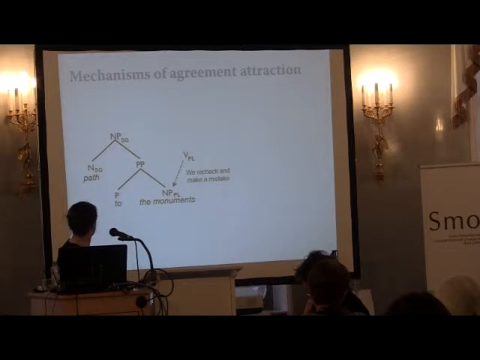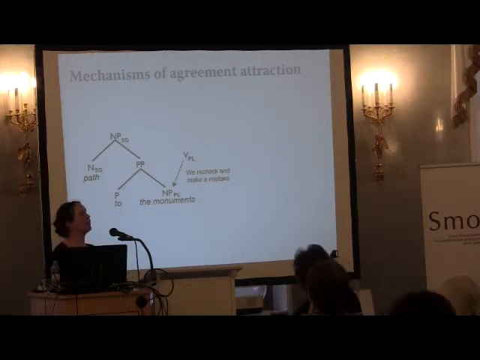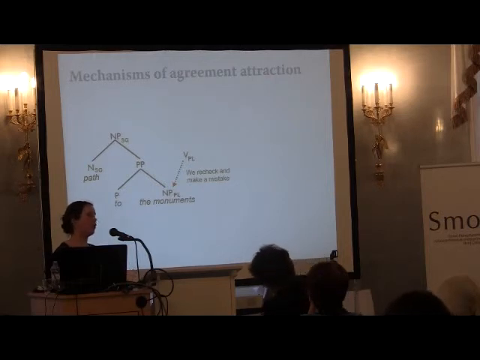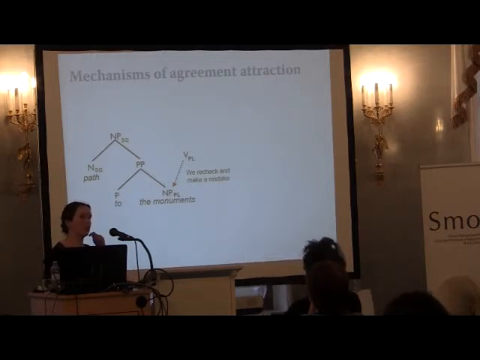Then another big question that we can't answer so far is as follows. If you look at standard agreement attraction, there are a lot of mistakes in English, a whole lot of mistakes. Even a writer's reference for writing an essay in English for a native speaker would mention these mistakes that you should watch out for.